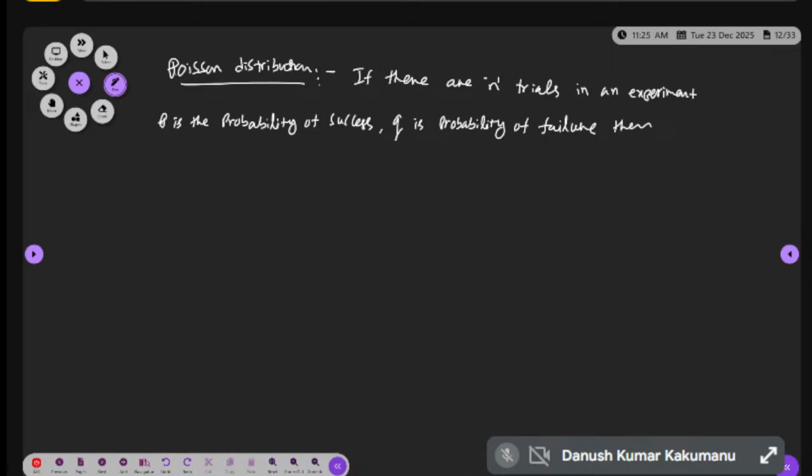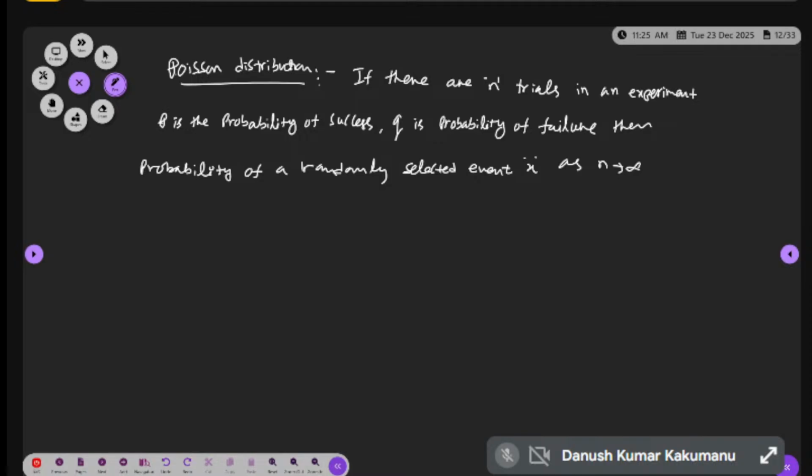then the probability of a randomly selected event X, as n tends to infinity. Remember this. This statement is same as the previous binomial also.